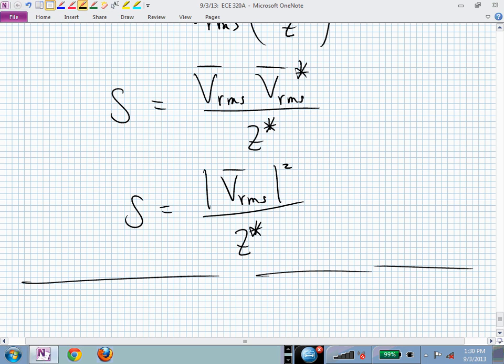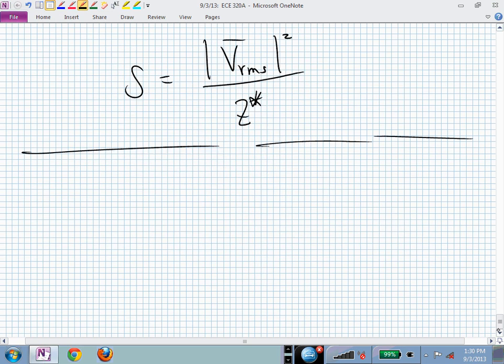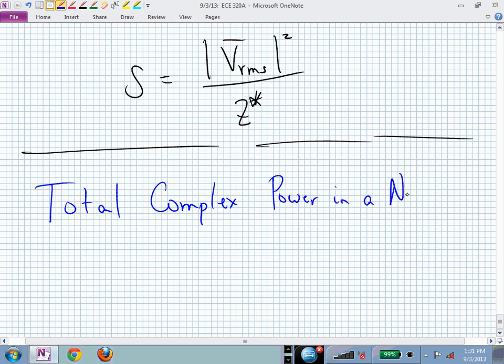Let's look at, now that we're playing with power, suppose that we have a more complicated network. Let's look at the total complex power in a network.